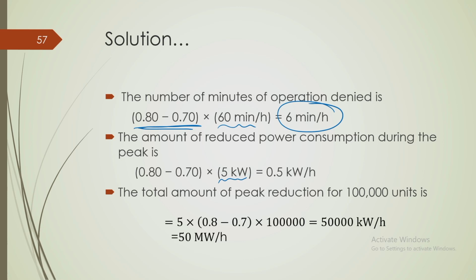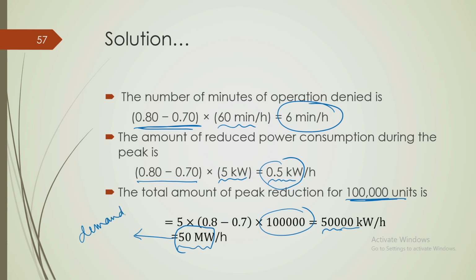Since its rating is 5 kilowatt, this will reduce 0.5 kilowatt of power per hour. And if we have 100,000 such air conditioners, then if you multiply this by 100,000, we will get 50,000 kilowatt, that is equal to 50 megawatt of power, which you can reduce. That much demand is reduced, and that will be very helpful to meet the peak load demand.